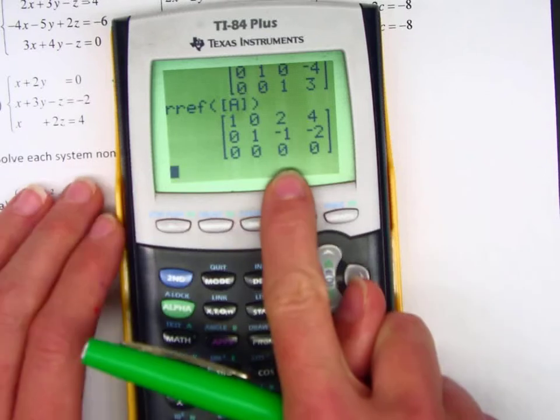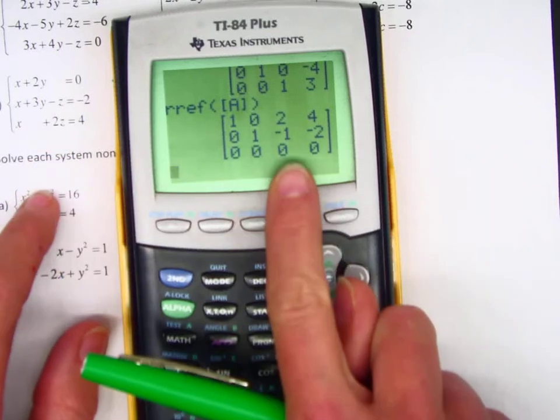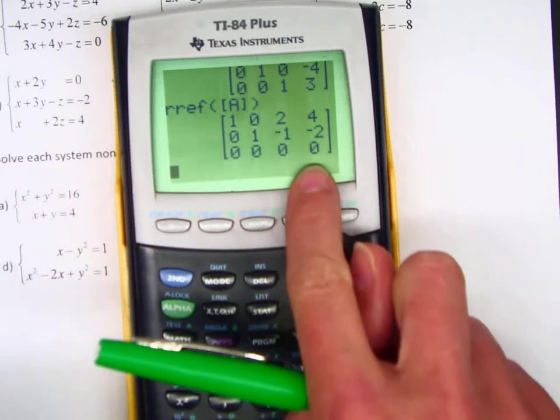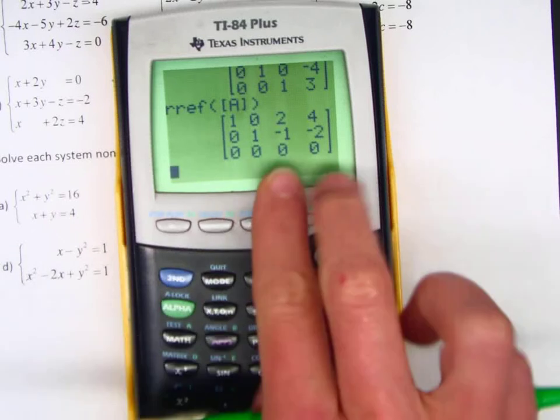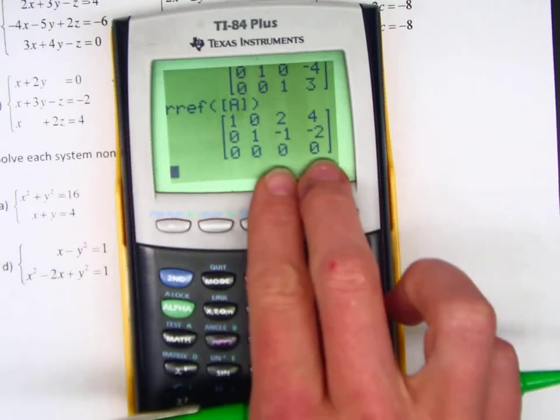And for this one, my last row is 0 equals 0. You have to be careful. That's different than the one we had before where 0 equals 1, because in this case, we have infinitely many solutions.